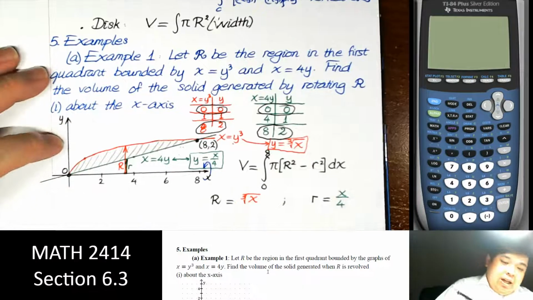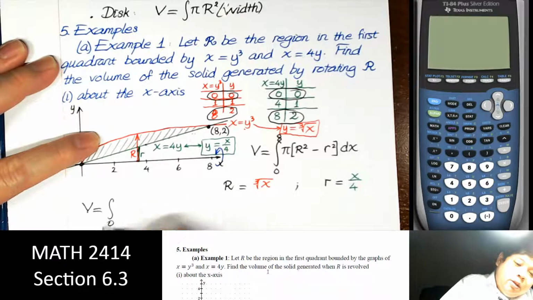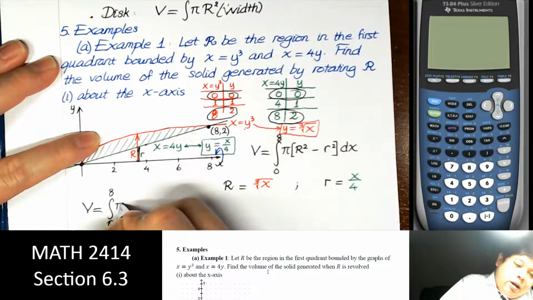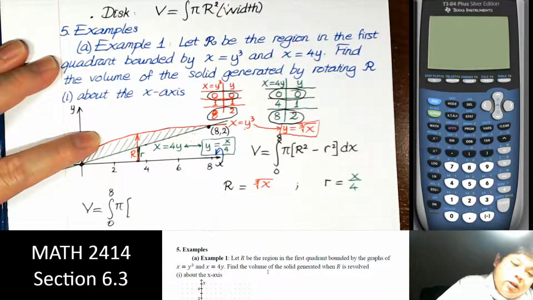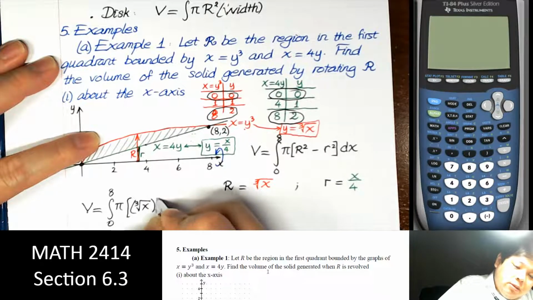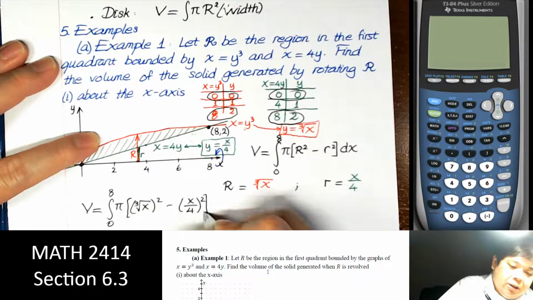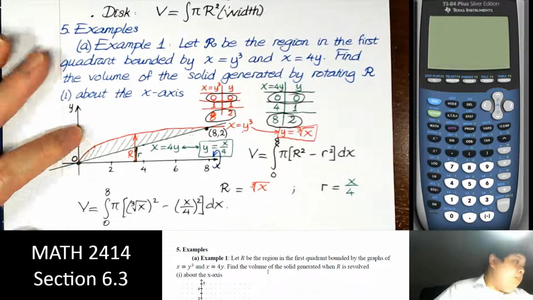And put both of that in the integral. So we have V equals the integral from 0 to 8 of pi times the cube root of x minus x over 4 dx.